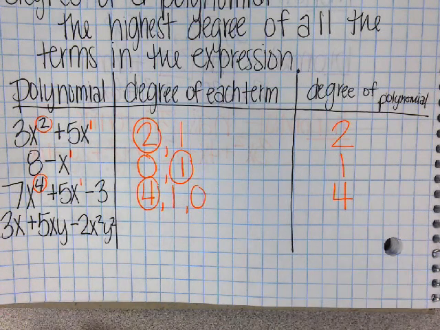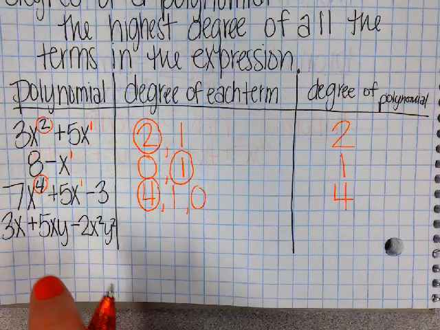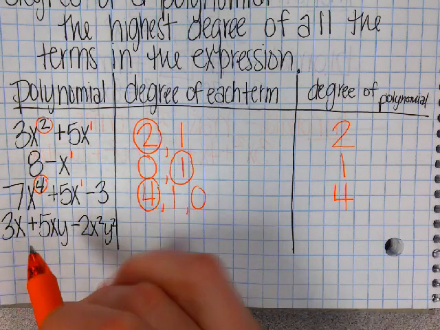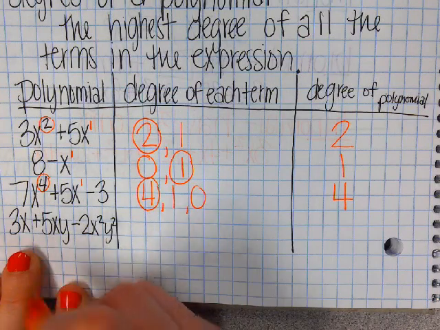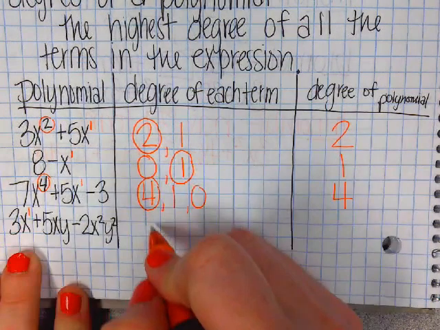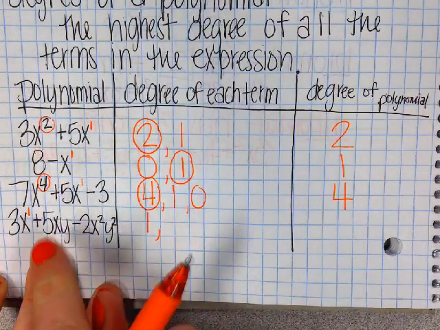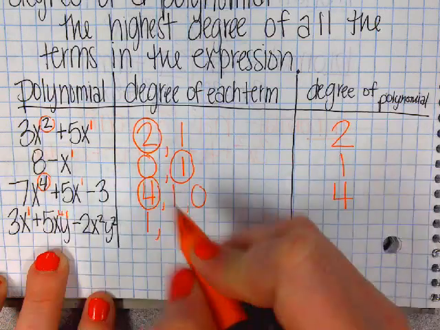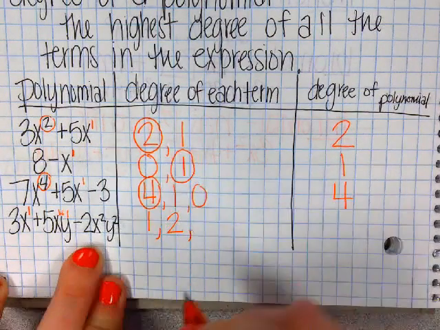Okay, now this one is probably the hardest type of problem that you'll see. So you have 3x plus 5xy minus 2x squared y squared. So if you look at 3x, what's the degree? 1. Now you have 1x and 1y, so what's 1 plus 1? 2.